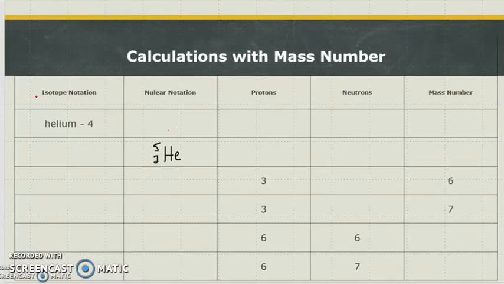So already right here we can see that this is an isotope notation. An important thing to note about isotope notation is that we have the name of the element, but more importantly, we write the mass number at the end. So already we know that this particular helium element has a mass of 4. This is why it's important to have your periodic table of elements with you.